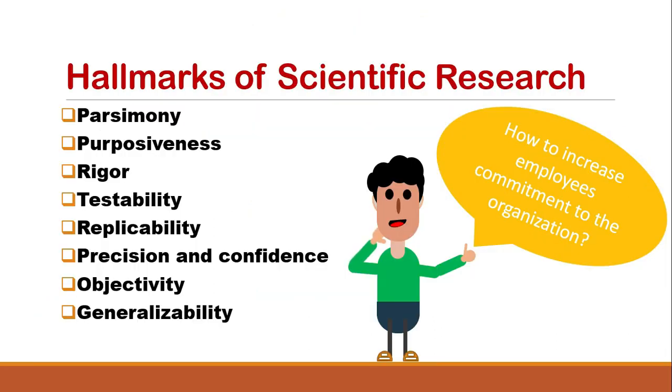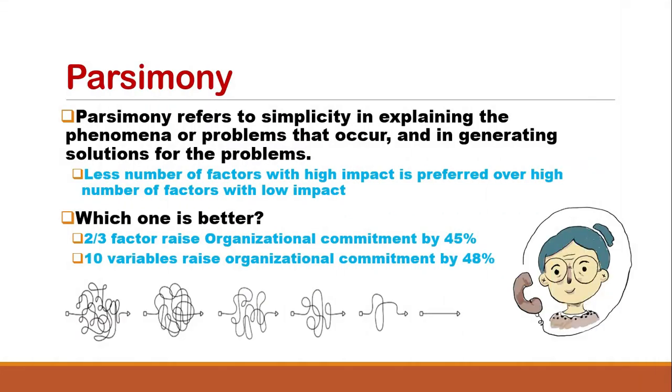So our research question here is how to increase the employees' commitment to the organization. Our first hallmark is parsimony. Parsimony refers to simplicity in explaining the phenomena or a problem that occurs, and a simple approach to generating the solution for that problem.